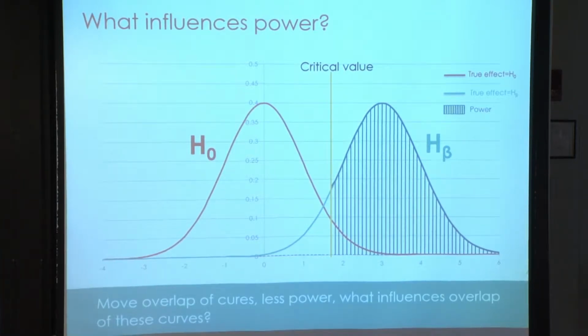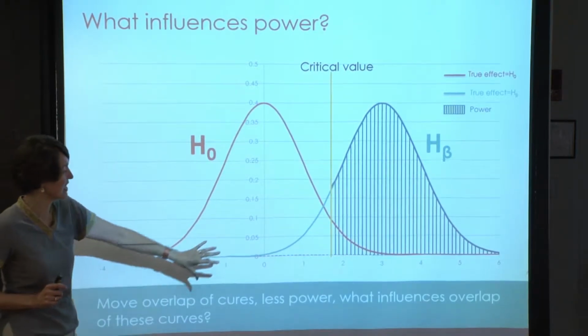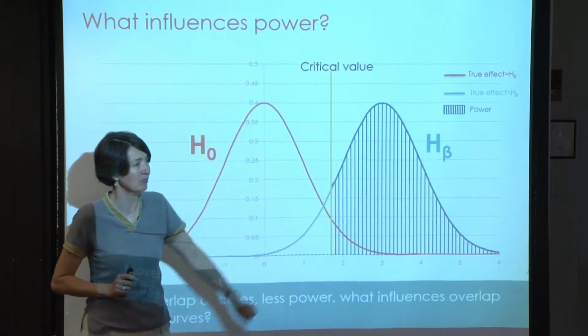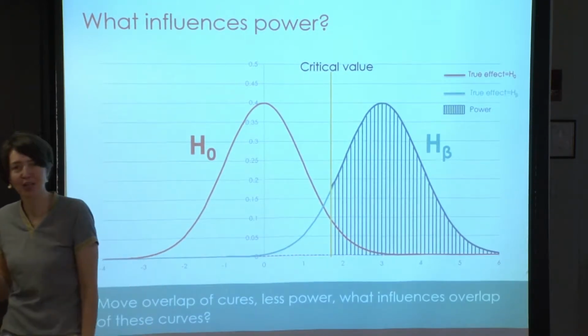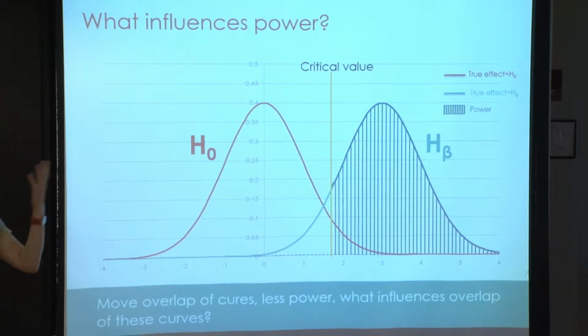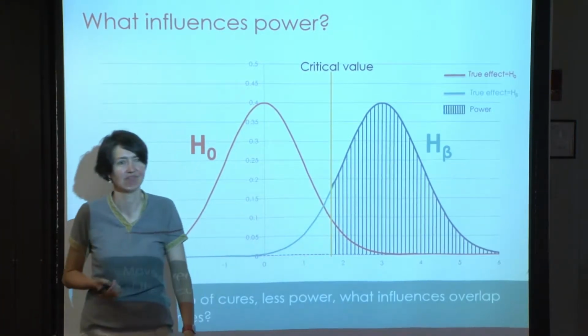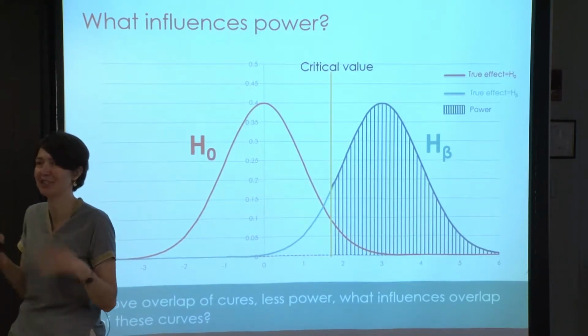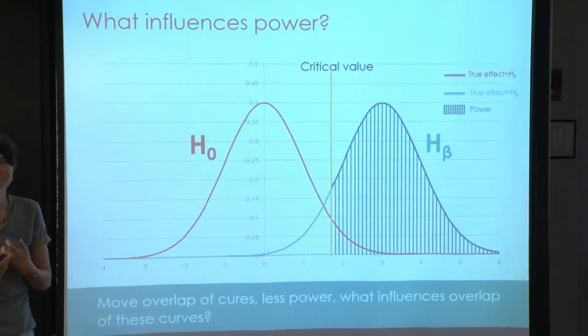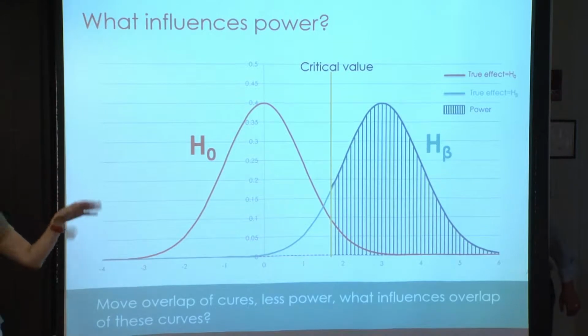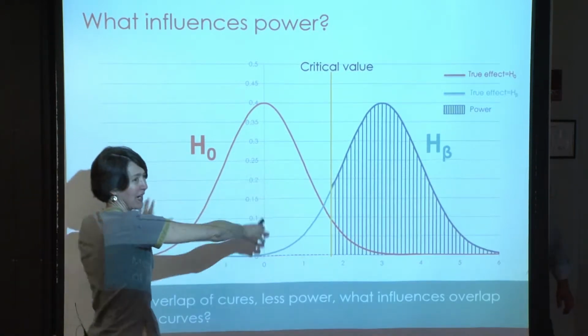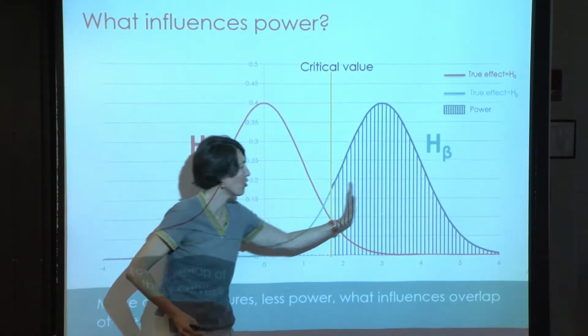So what do you think? We can see that overlap is a problem. Just give me some ideas about how we could get more of this shaded. What could happen to the curves to get more of those things shaded? I don't want you to tell me the statistics of it, just tell me what I have to do to these curves to get more of this shaded.